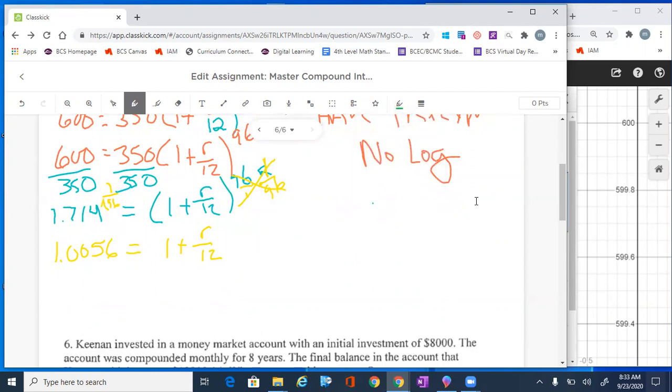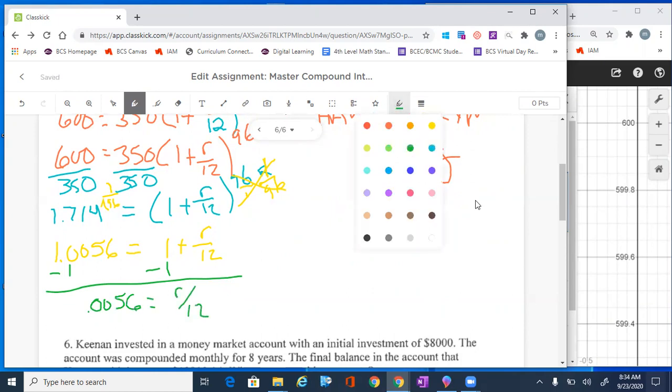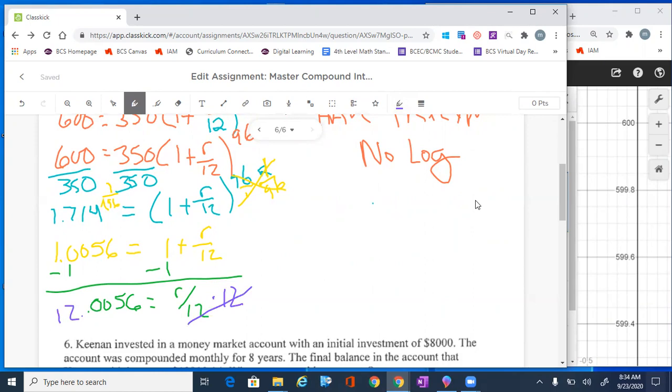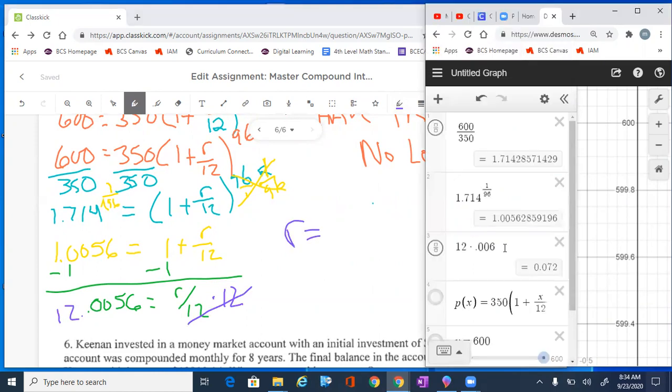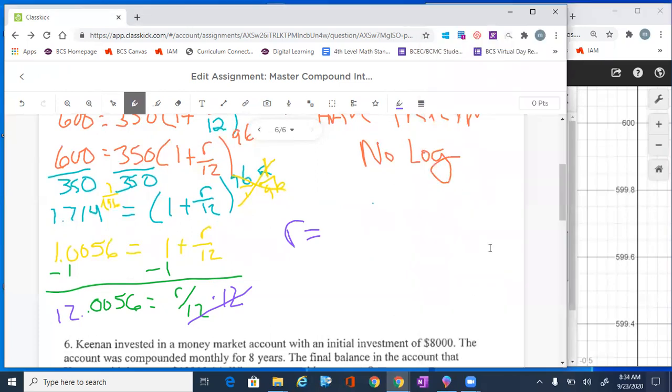So now I'm going to get rid of that positive 1, subtract that 1 over, and I'm left with 0.0056 equals R over 12. And the last step is to get rid of that dividing by 12, which is going to be multiplying by 12. I'll cancel that. R comes out, and we need to find out whatever 12 times 0.0056 is. 12 times 0.0056 is 0.0672.